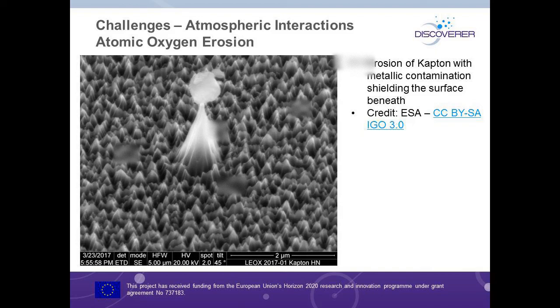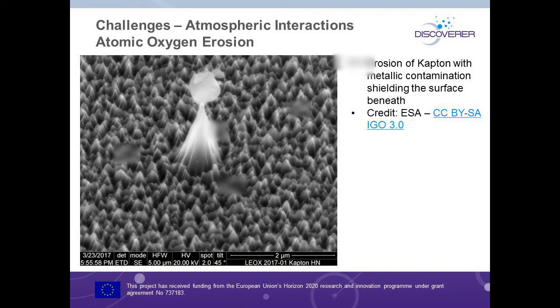This is one of the first outputs they've published from that, and it shows a piece of Kapton that was originally up to the level of this little peak here. This is a peak of a little bit of metallic contamination, which is shielding the Kapton underneath it, but all the rest of it has been eroded away significantly, which is what you typically see in the low Earth orbit environment.